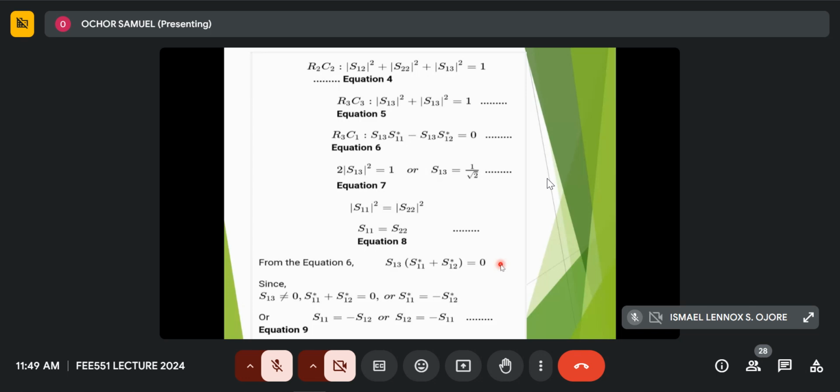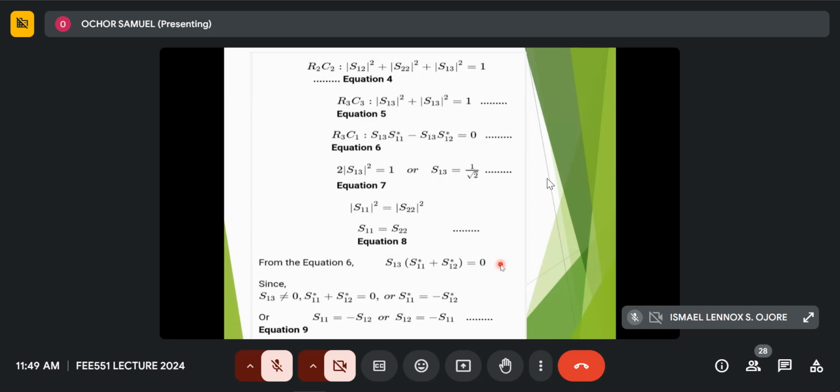You can see the value of S13 is like we had in the first two equations, where we could add them. But in this case, now you have to subtract because there is a sign change. To subtract the two, you are still going to get S11 equals S22.